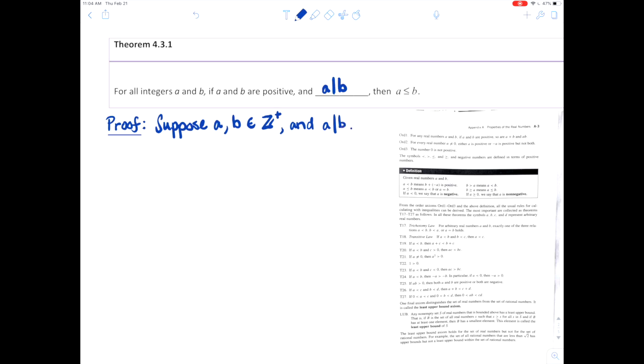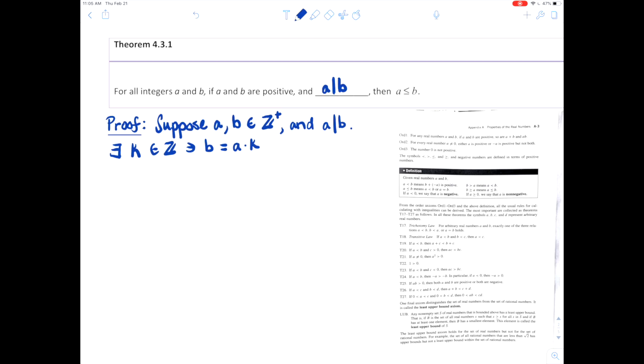Good so far? Now let's look at this a divides b part. Since a divides b, there exists some k that belongs to the integers, so it can be any arbitrary integer, such that, remember, this backwards epsilon is such that, b equals a times k.